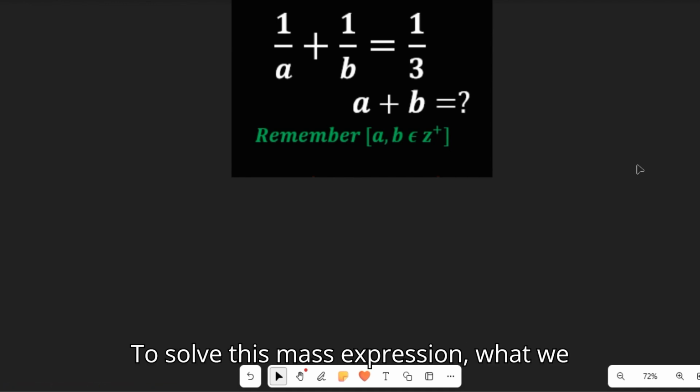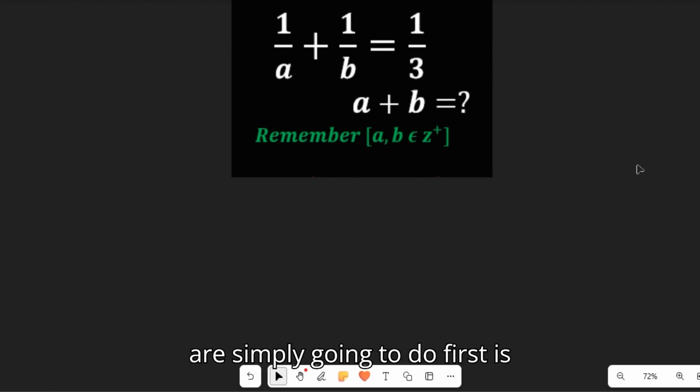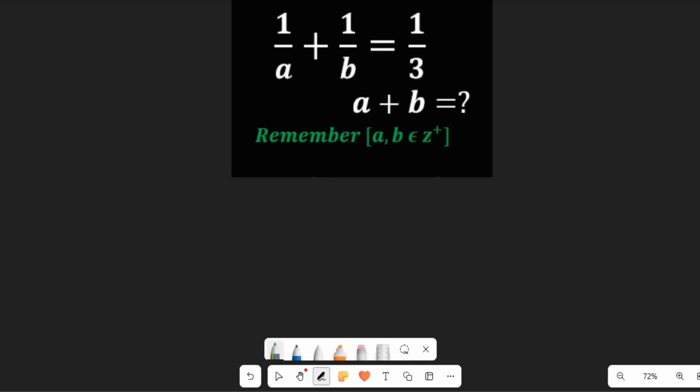To solve this math expression, what we are simply going to do first is to multiply both sides by a multiplied by b. That way we will avoid looking for the LCM of 1 divided by a and 1 divided by b.